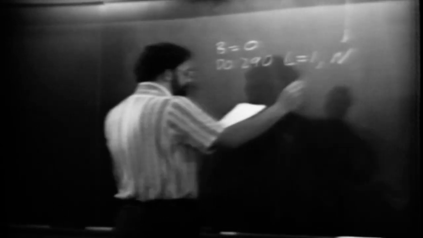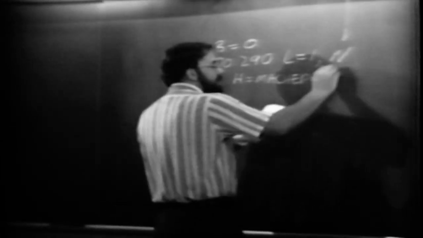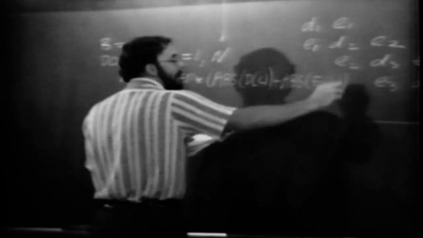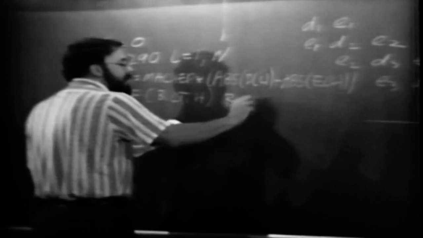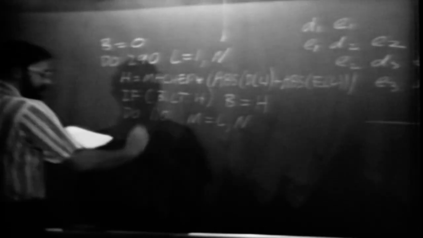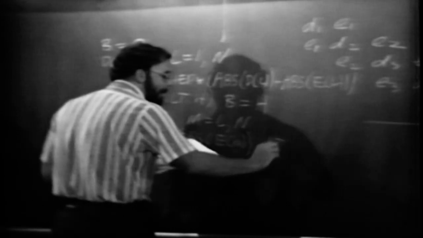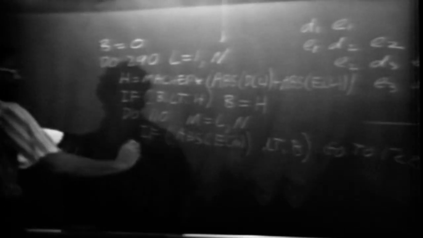B is equal to 0, do 290, L equals 1 to N, H equals machep times abs of D of L plus abs of E of L. If B less than H, B equals H. Do 110, M equals L to N. If abs of E of M is less than B, go to 120. 110, continue. Okay?